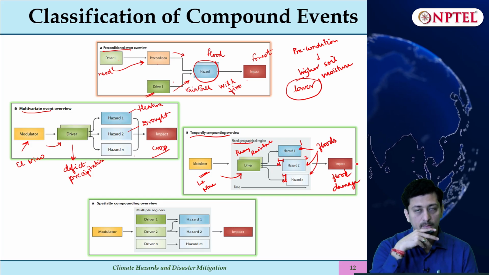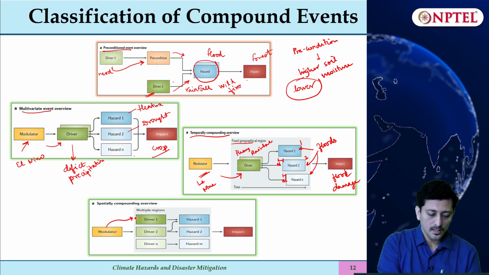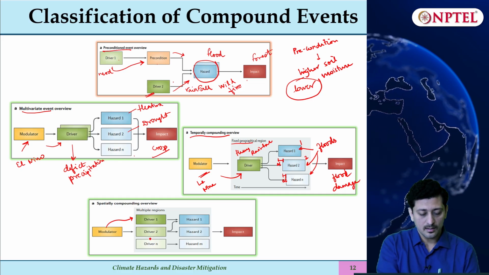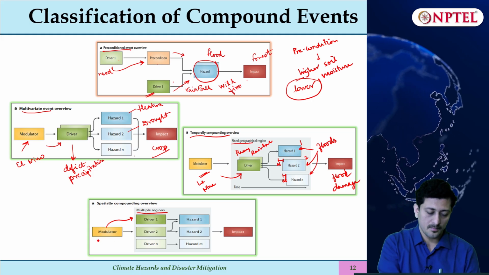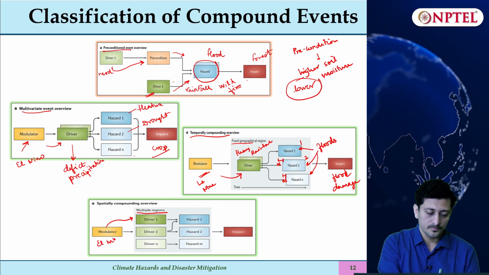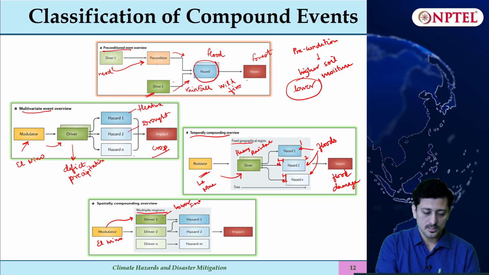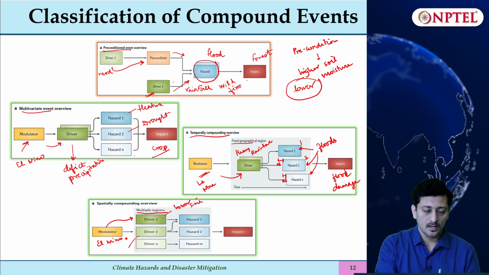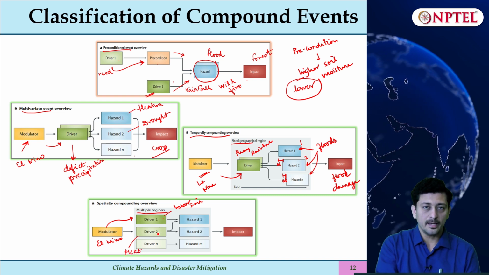And last is a spatially compounding event. In a spatially compounding event, again there is the role of the modulator. It can create single or multiple drivers over multiple regions, and it can cause several hazards. For example, again if we have El Nino, this El Nino can affect soil moisture levels, and there can be formation of excessive heat conditions, so that heating is there.